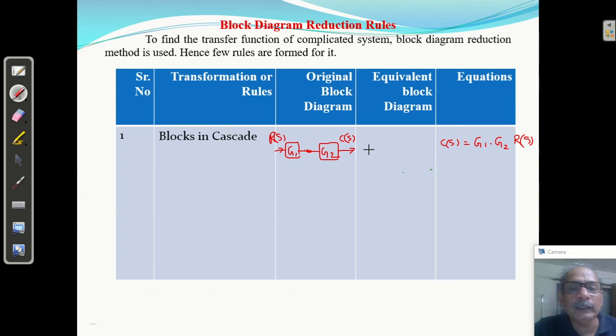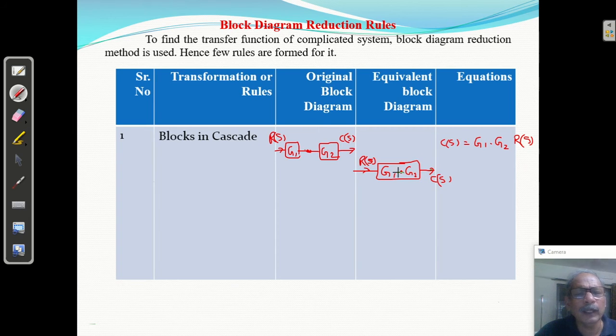So in place of that, we can convert these two blocks into one block, G1 into G2, with input R of S and output C of S. So you can convert two blocks in cascade into one block, with the gain G1 into G2.